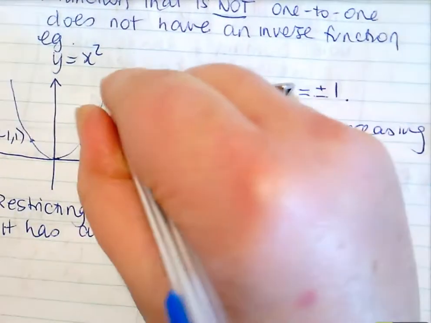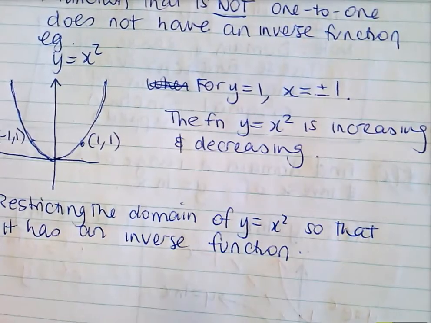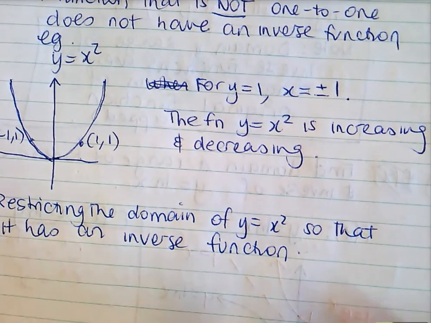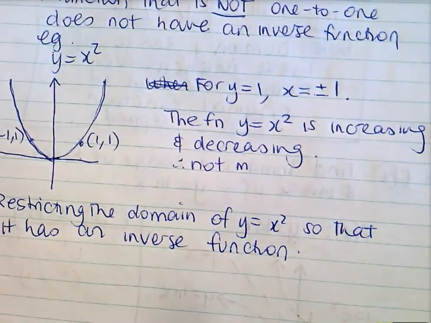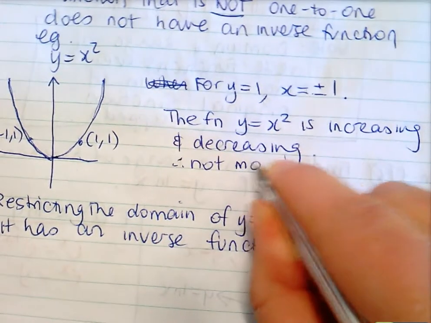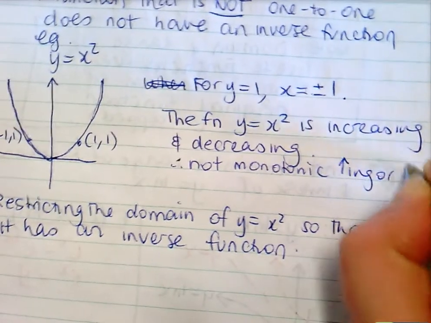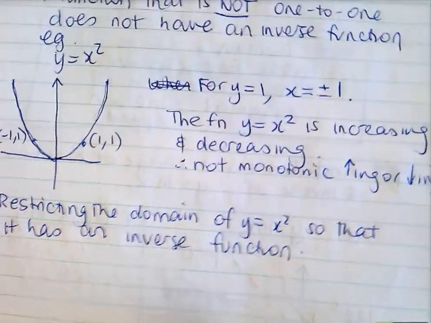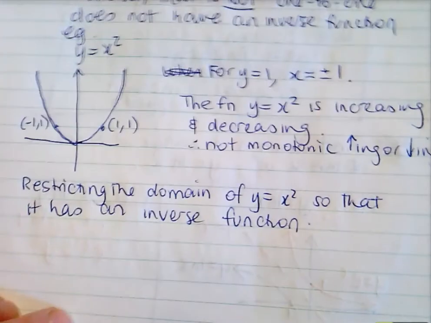Look, increasing here, decreasing there. Got it? So therefore it's not monotonic increasing or decreasing. That's the problem with it. It's got to be one or the other, and you can see that it's not.